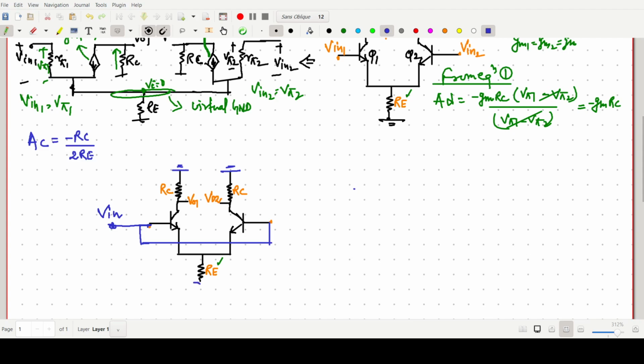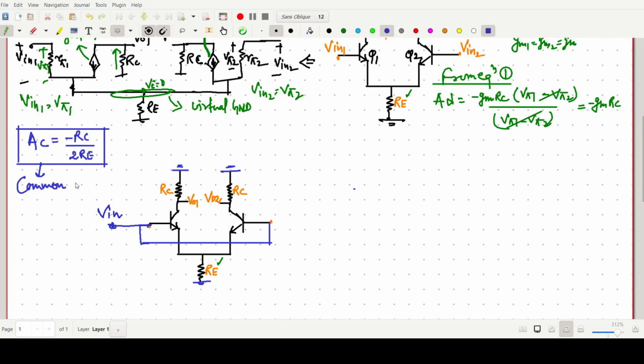So this should be grounded. This one AC value is for this one. If we solve this one, it will come this one for common mode gain.